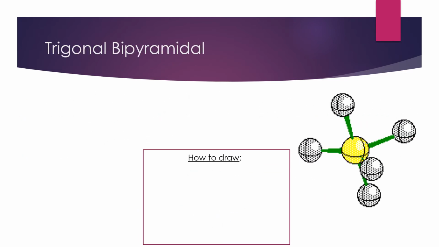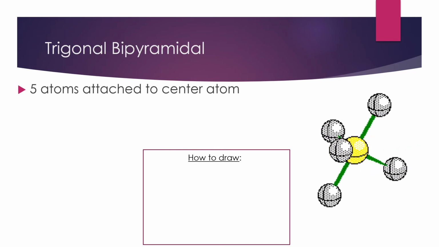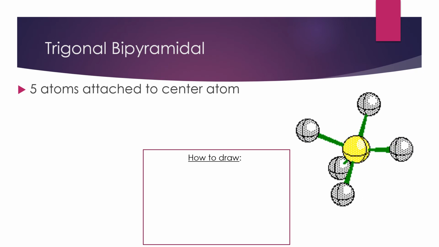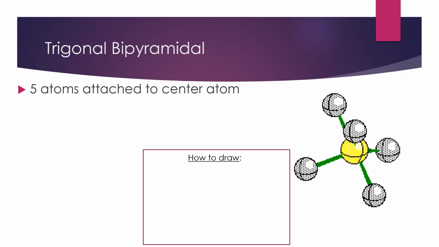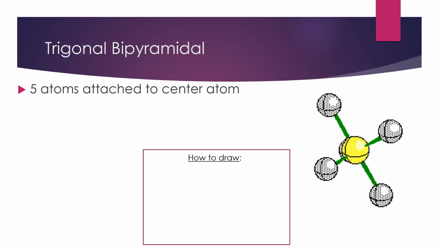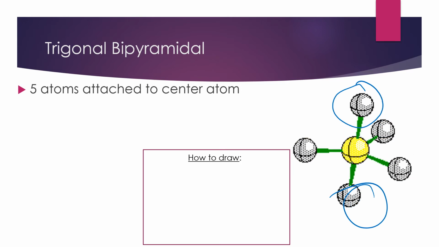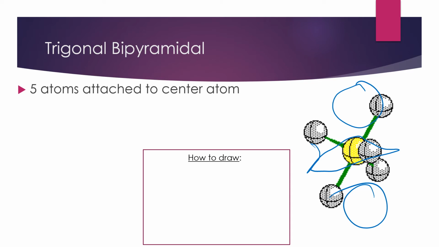Trigonal bipyramidal. So we have 5 atoms attached to the center atom. And the easiest way we can identify this one is that it forms a trigonal planar with a top and a bottom. And what do I mean by that? I'm going to illustrate it for you. That right here is the top and the bottom. And if we focus here, y'all, this forms a triangle. So that's the trigonal part.